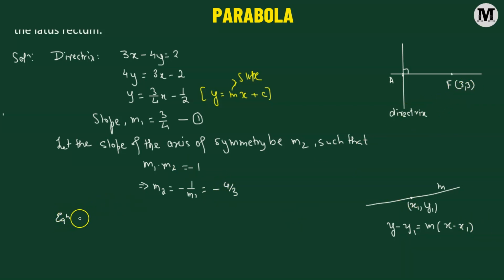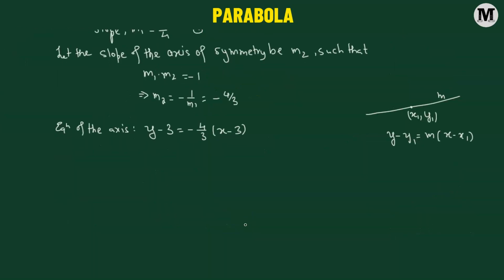So the equation of the axis of symmetry line will be y minus 3 equals -4/3 times x minus 3. We multiply both sides by 3 to get 3y minus 9 equals -4 times x minus 3, which gives 3y minus 9 equals -4x plus 12. So we get 4x plus 3y minus 21 equals 0. This is the equation of the axis line.